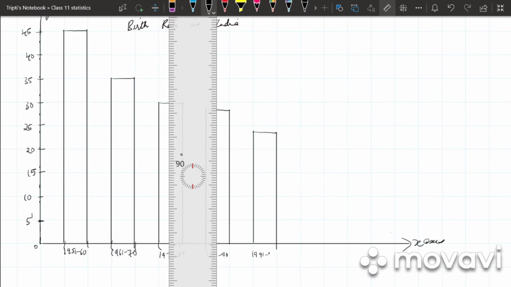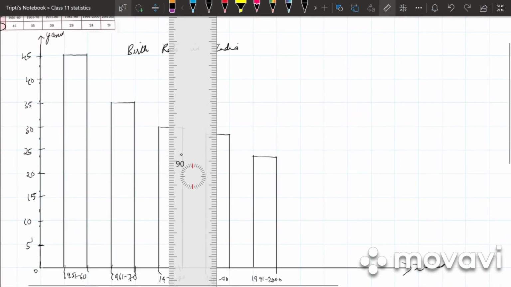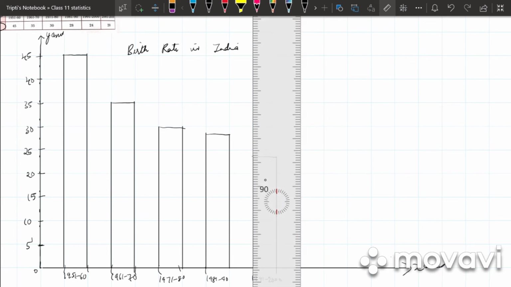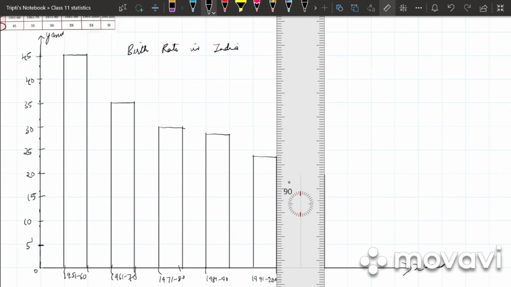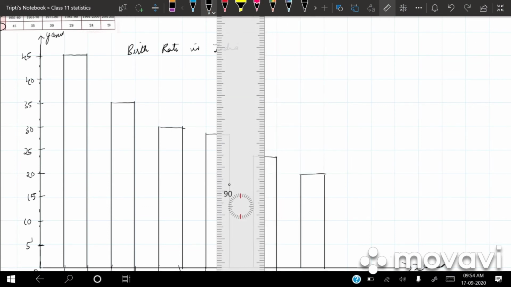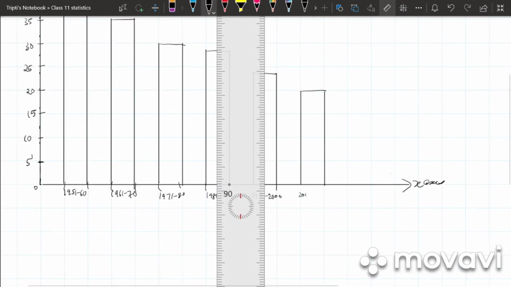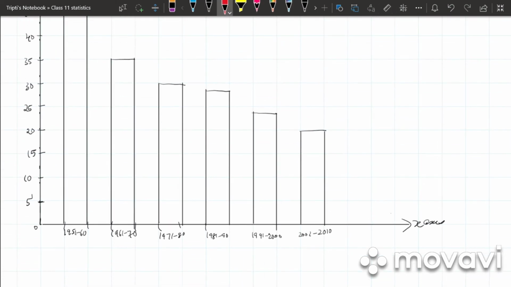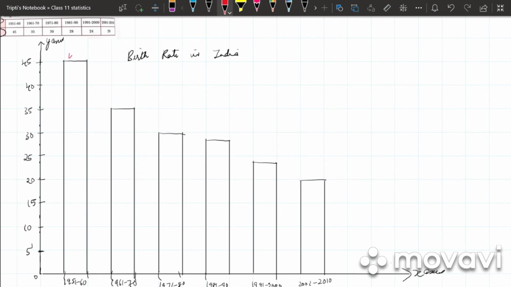1991 to 2000. And last we have 20. That is 2001 to 2010. After we have done marking, we will be writing above 45, 35, 30, 28, 24 and 20.